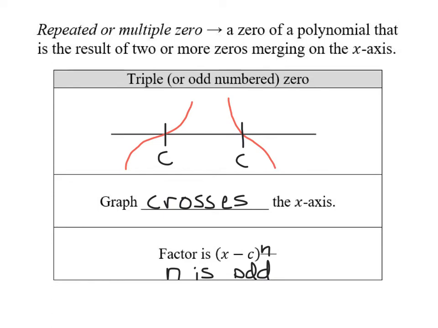Such is not the case, though, when it's a triple or an odd numbered zero, right? It will actually cross, because the signs will change when you have an odd exponent. So the graph will cross. It'll look a lot like the cubic, whether it's going up or going down. It crosses the x-axis. n is odd on our exponent, on our factors.